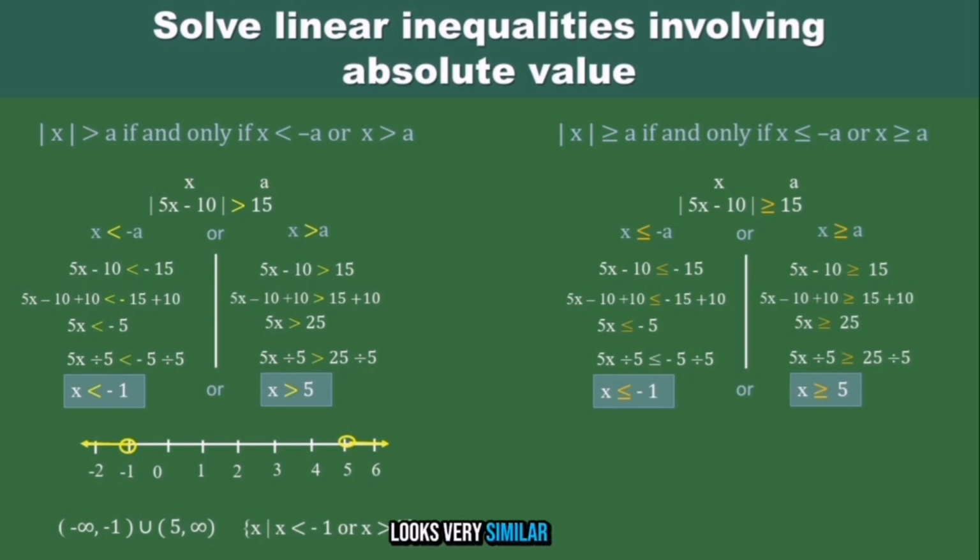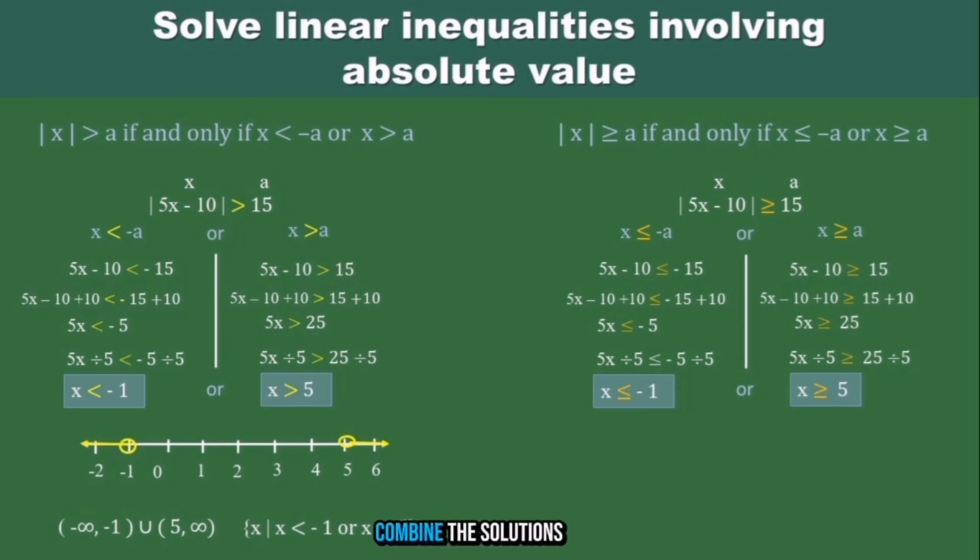It looks very similar, only the inequality symbol changed. The result in solving case 1 will be x less than or equal to negative 1, while case 2 result will now be x greater than or equal to 5. Just like I said, the inequality symbols are the only thing that changes.